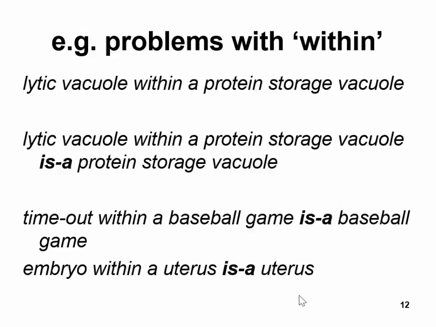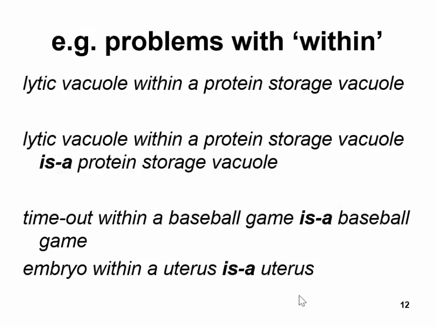Now, the gene ontology made mistakes like this because they were not thinking clearly about the principles which define how ISA is to be used. And BFO is designed to capture those principles. There are many similar problems in the gene ontology as it was in 2004. Since then, it's got a lot better because the people who maintain the gene ontology have accepted these principles.